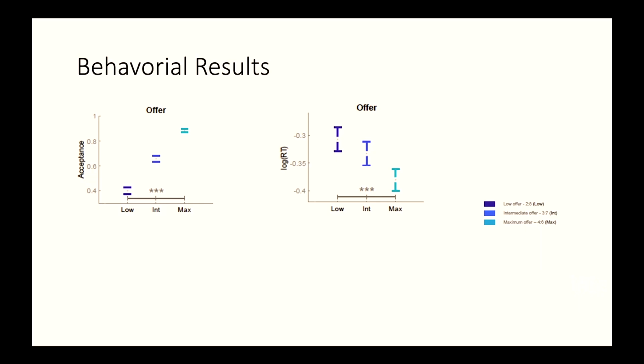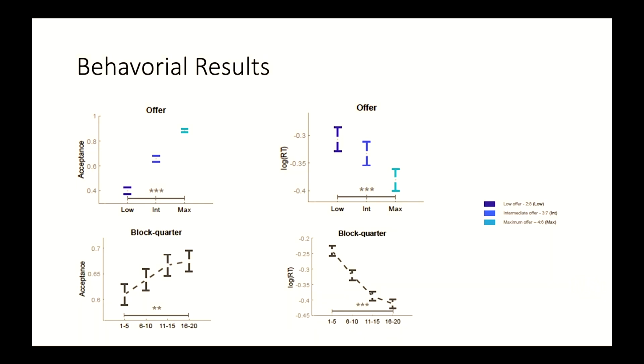And there is also a learning effect. These are the block numbers. As you start playing this game, you learn and you finally come to a strategy and then you tend to plateau a bit. So what we know from this is that emotion does not seem to play much role, it looks like.